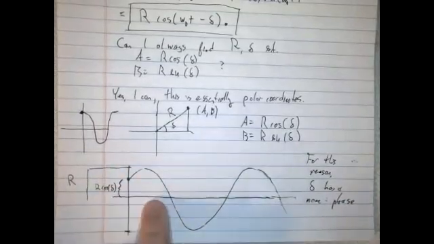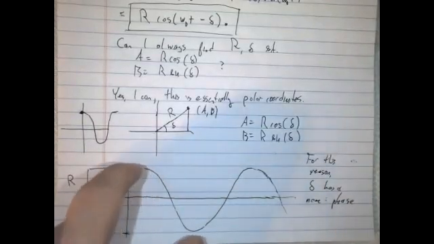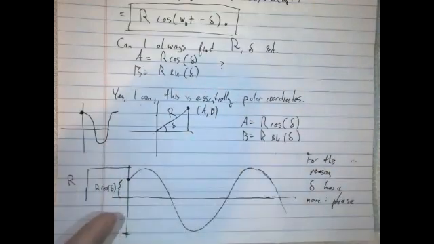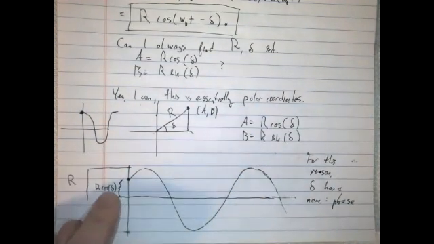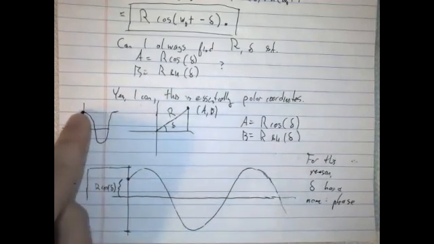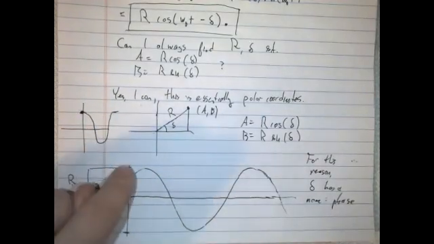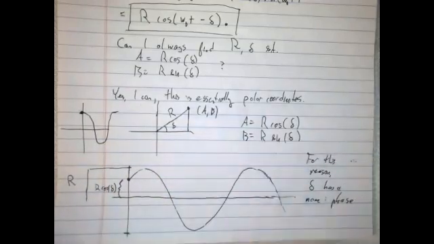Playing around with delta is just shifting your solution to the left or to the right, and having a delta of 0, or phase 0, means that you're literally a cosine function and that you start off at the maximum amplitude.